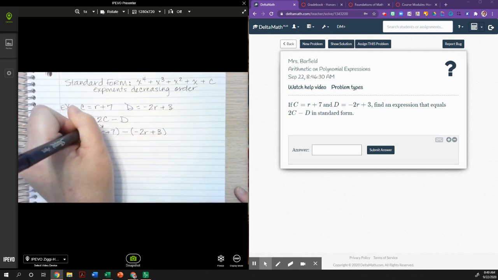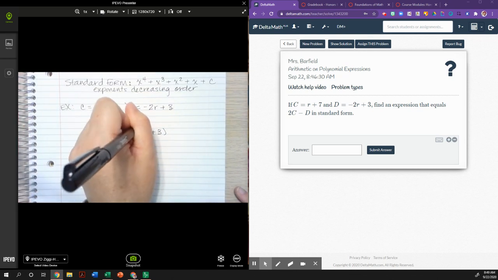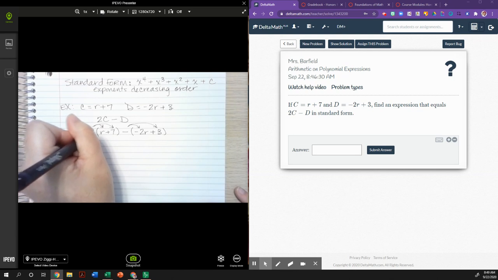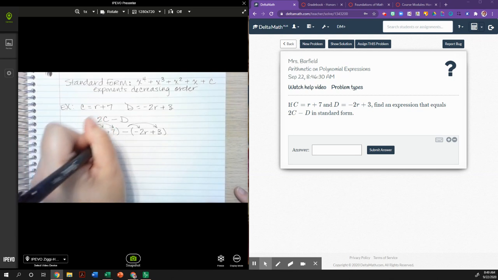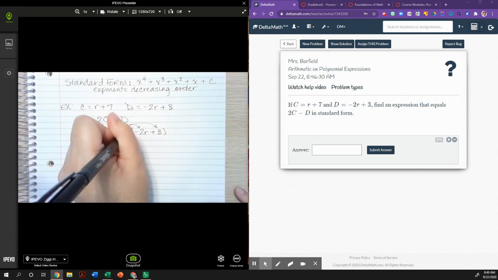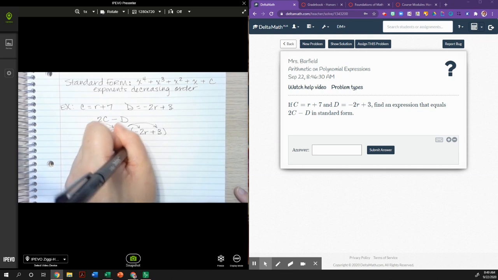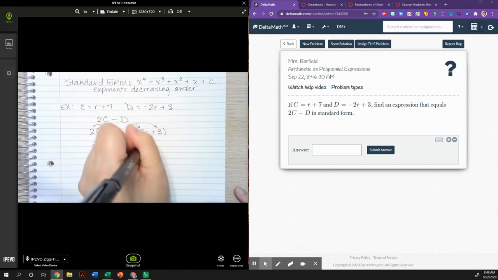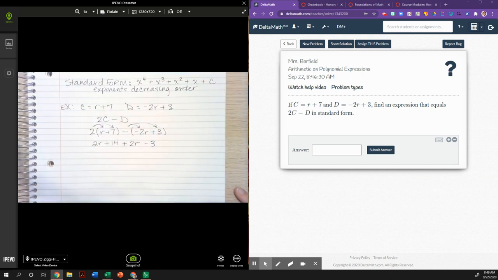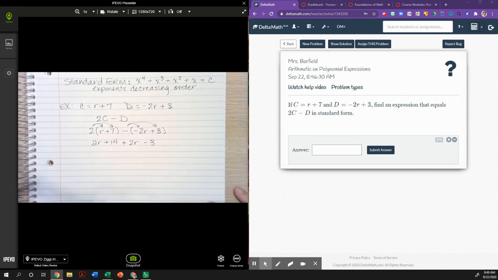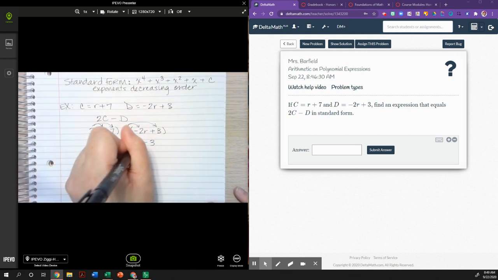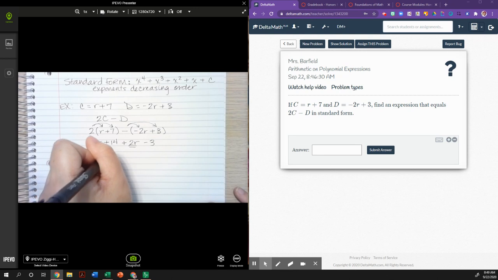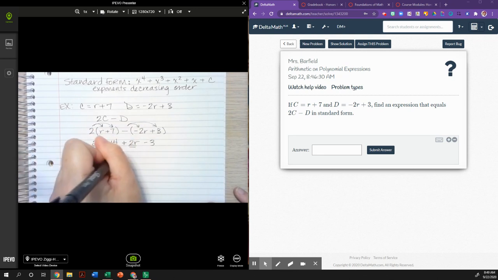Okay? All right, well, now that's just distributive property combined with combining like terms. So I'm going to distribute the 2. I'm going to distribute the negative 1. So 2r, 2 times 7 is 14. Negative times a negative is plus 2r. And negative times 3 is minus 3. I'm going to combine like terms. So 2r and 2r is 4r, and 14 minus 3 is plus 11.